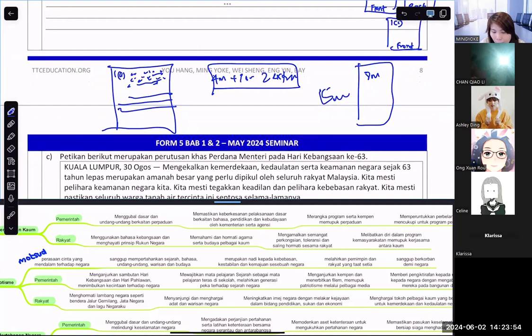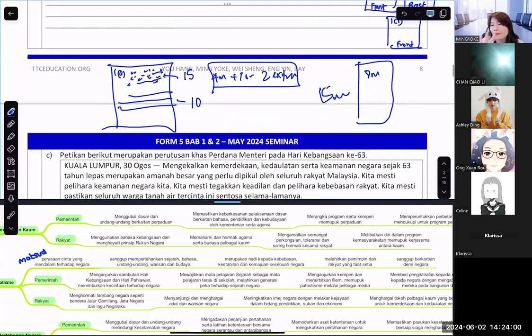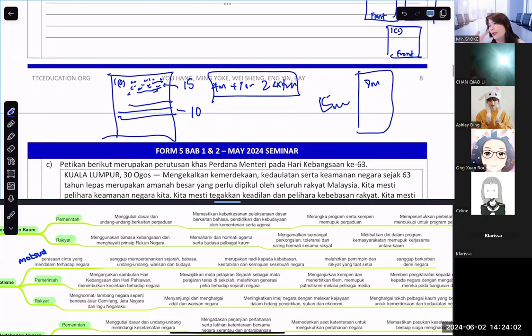The remaining ones, for example, here the draft has 15. Here you only write 10, for example. The remaining 5, don't write first. Don't waste your time. Go next, because when you beautify your sentences, you need some time to write. So you go to B first, C first, then question 2.